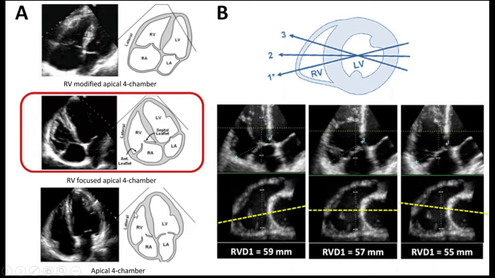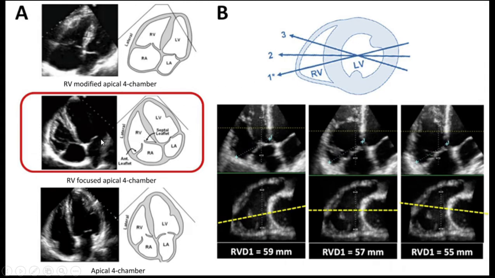In apical 4, twist counterclockwise while you keep the left ventricle at its largest size until you get a larger size of the right ventricle too.